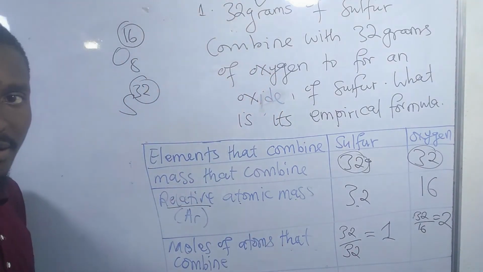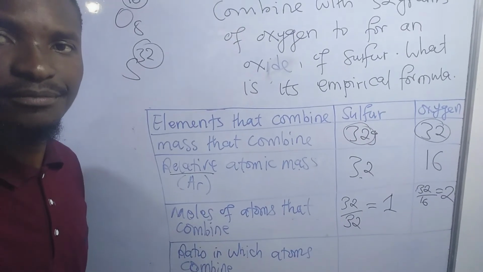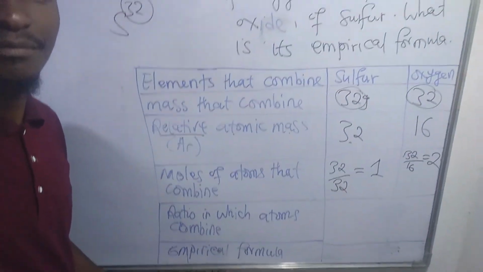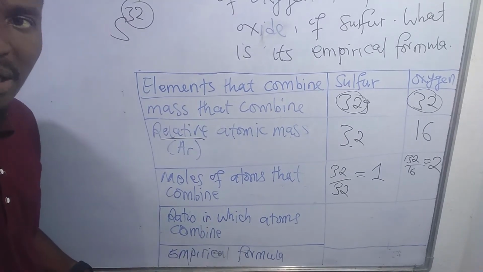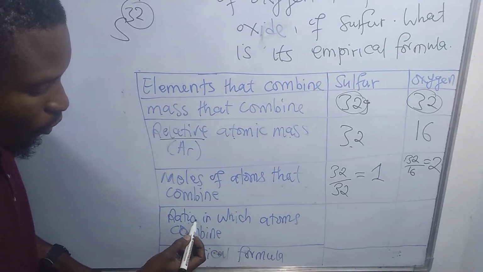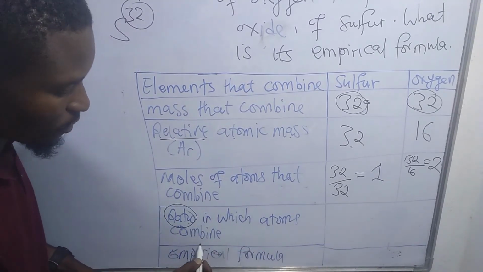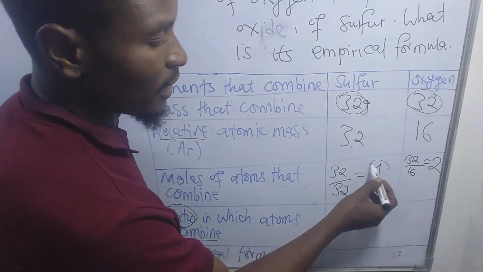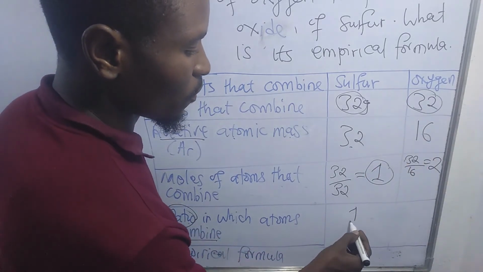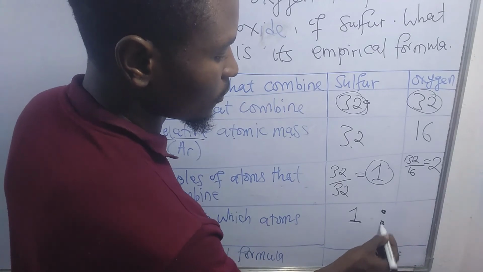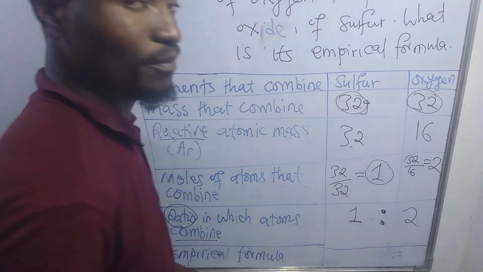Then you come to the ratio in which atoms combine. You put 1 to the ratio 2.